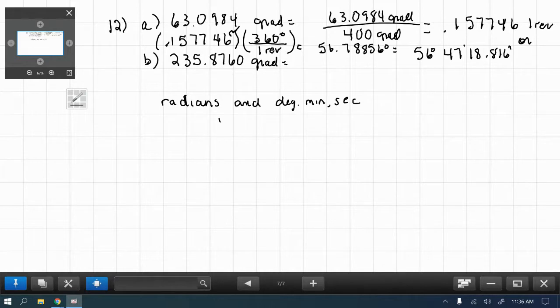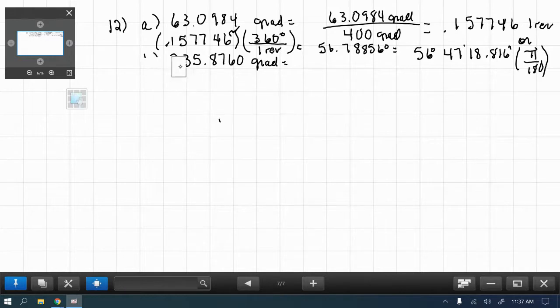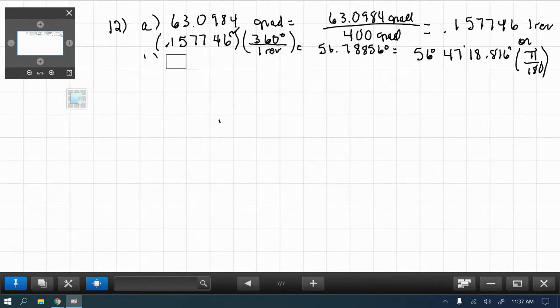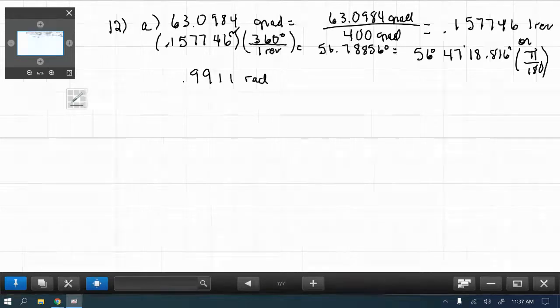Yeah. Pi divided by 180. I'm doing that in the calculator. And I got 0.991 radians. Yes, no, maybe? Yes. Okay.